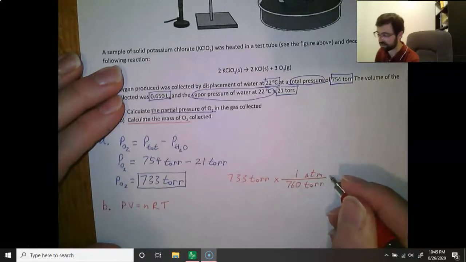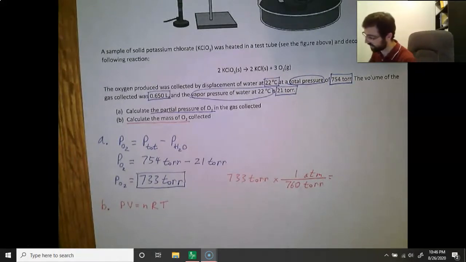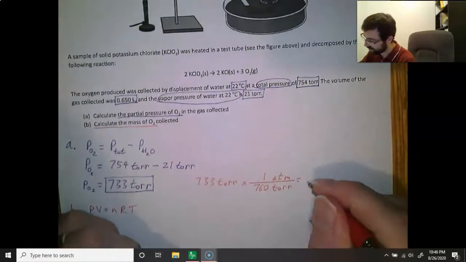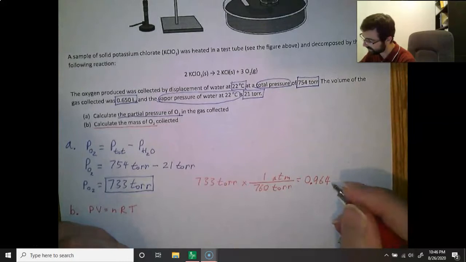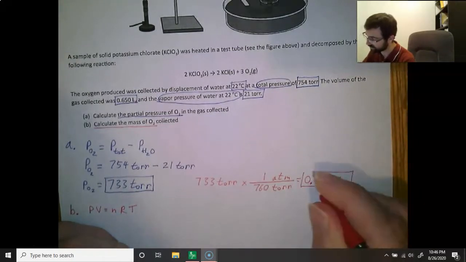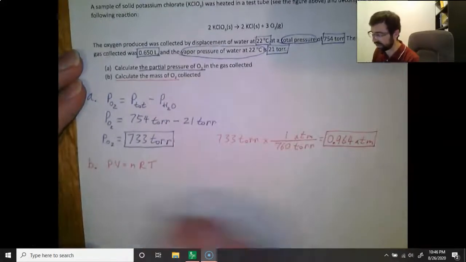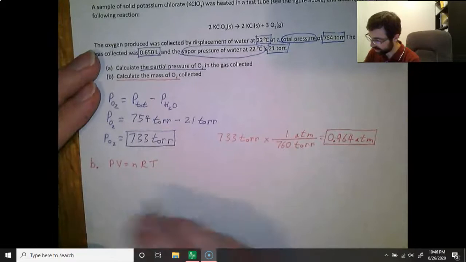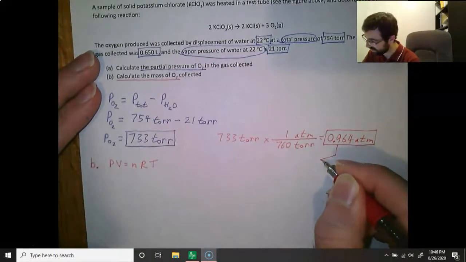So I want to find that answer to 3 sig figs. It's going to be 0.964 atmospheres. Now I can plug it into my equation.